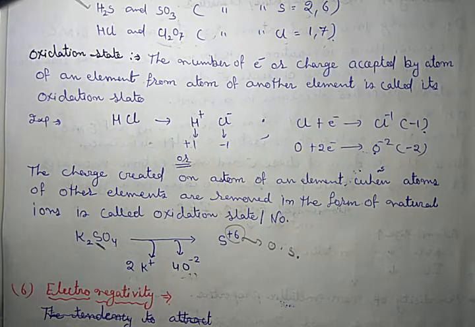The number of electrons or charge accepted by an atom or present on an atom of any element from an atom of another element. That means when it combines with another element, the charge created on that atom which is combining with the other element is known as its oxidation state.